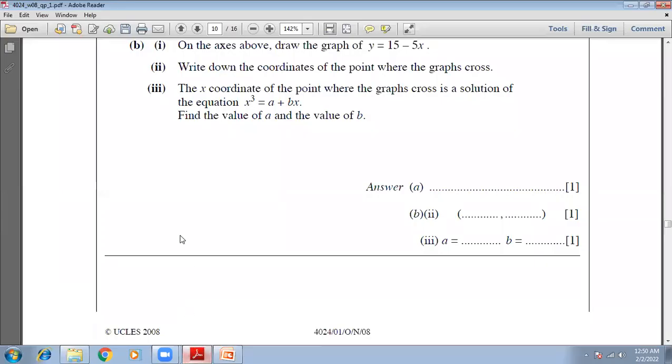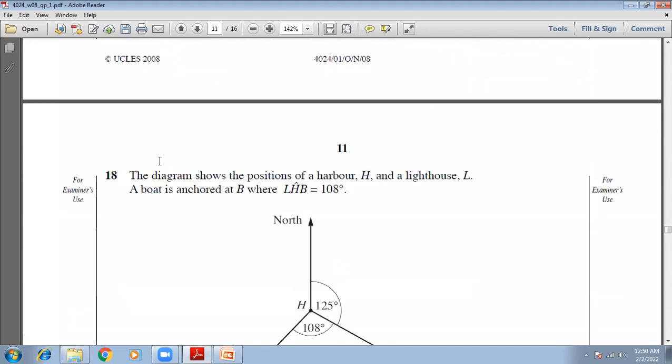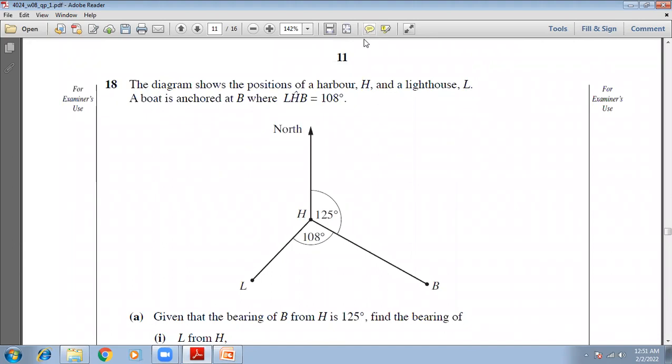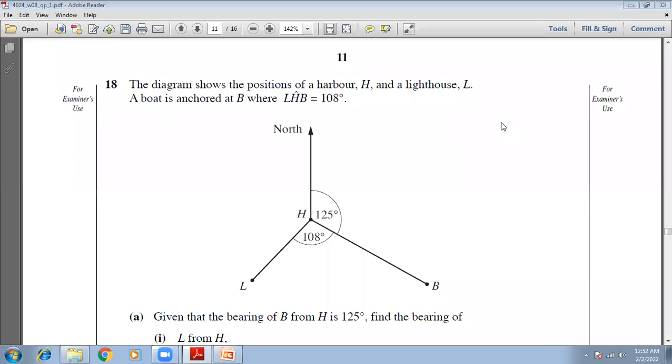Okay, so question number 19 is coming up on your screen. The diagram shows the positions of a harbor H and a lighthouse L. A boat is anchored at B, where angle LHB is 108.